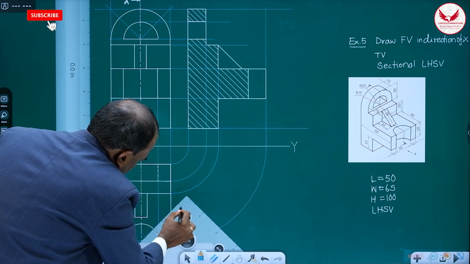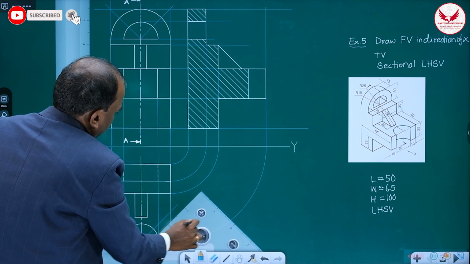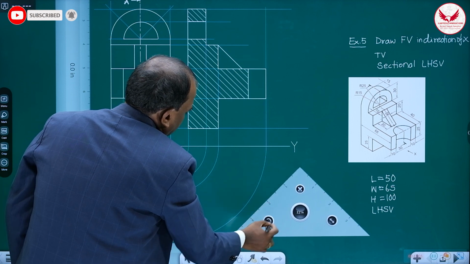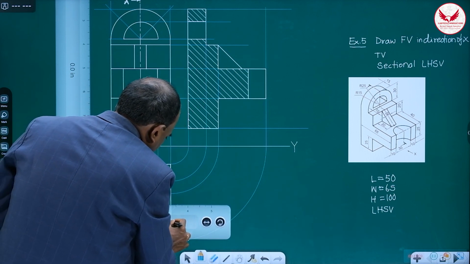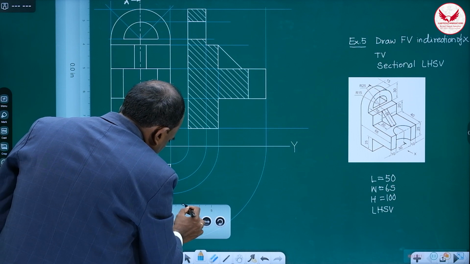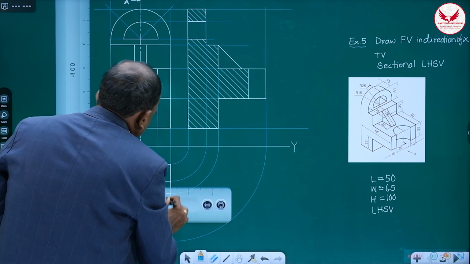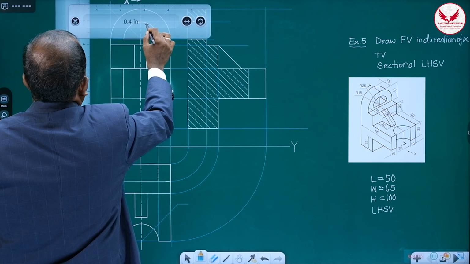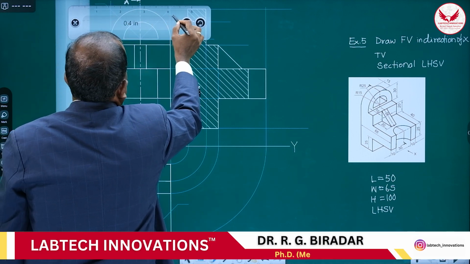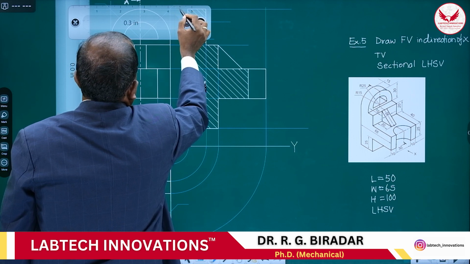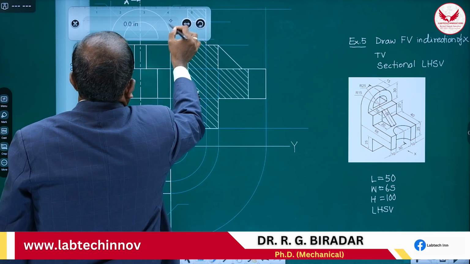Take it outside the object, and whenever we are giving this 45-degree circular dimension, first you mark the horizontal line. Then here also for both these, this is horizontal, here also it is horizontal.